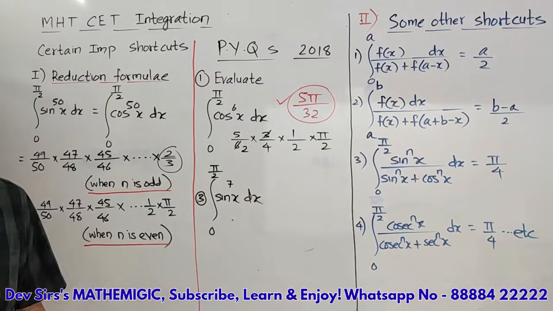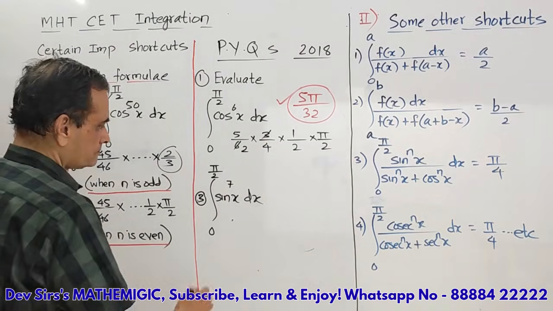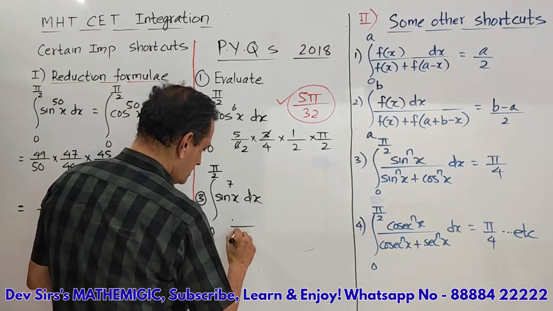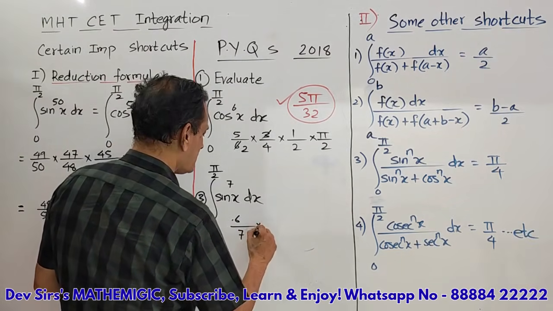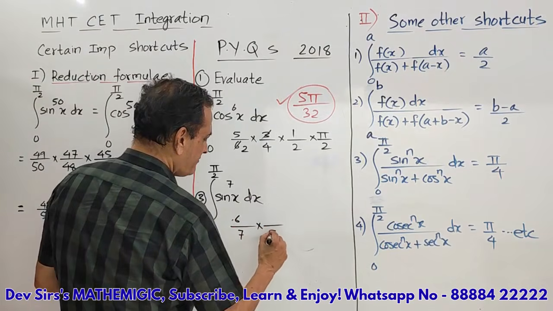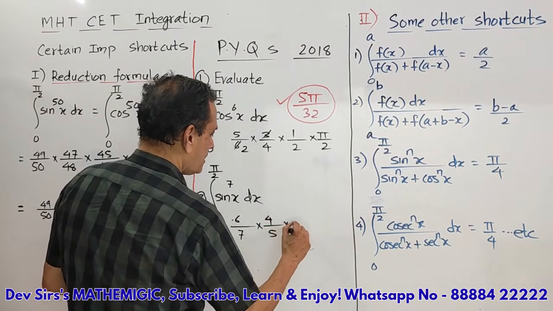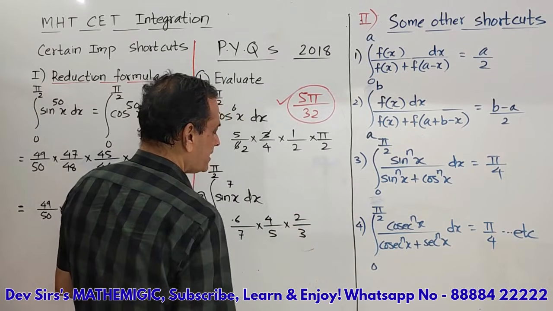If you have a notebook with you, come on, start. 0 to pi by 2, first check this. 7. 1 less than 7 is 6. 6 के नीचे 5. 1 less than 5 is 4. 1 less than 4 is 3. 1 less than 3 is 2. अरे 2/3 आ गया.